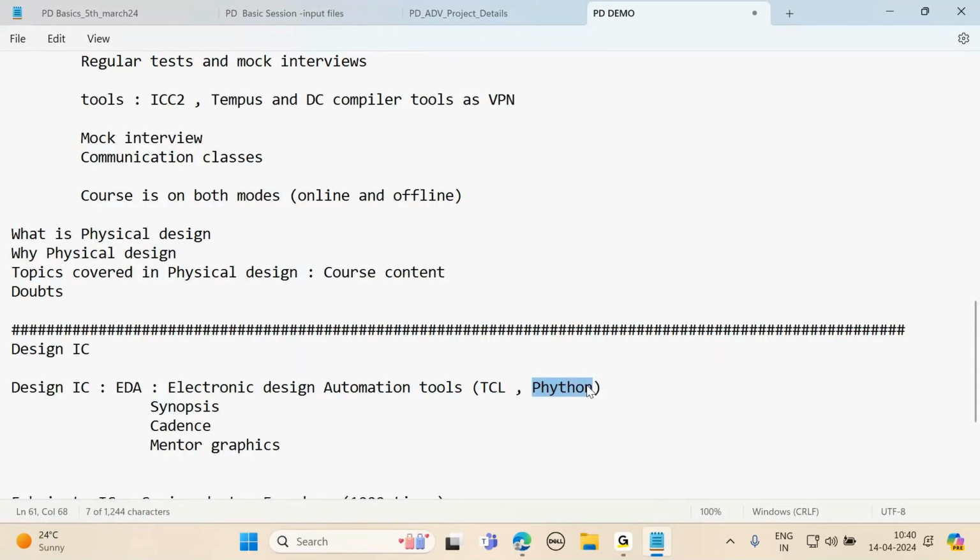From those 100 files, if you want to grab some information, for example, if I ask you to get the clock skew from 100 files, what should you do? Open each file, find where the clock skew is, and get the clock skew value. You would do it 100 times, opening 100 files manually. Instead, you can write Python code: open the file, get the clock skew value, and print it.